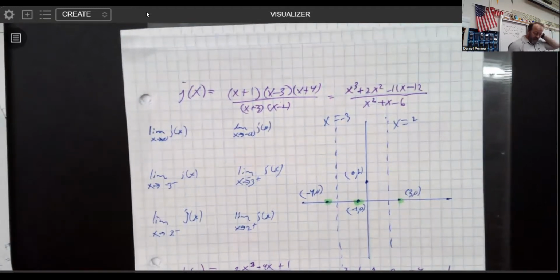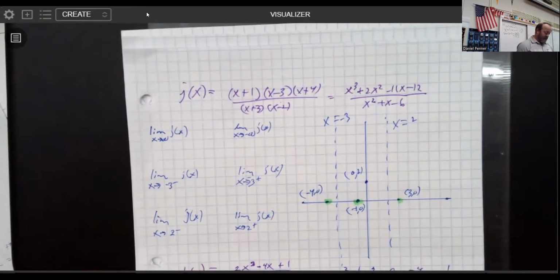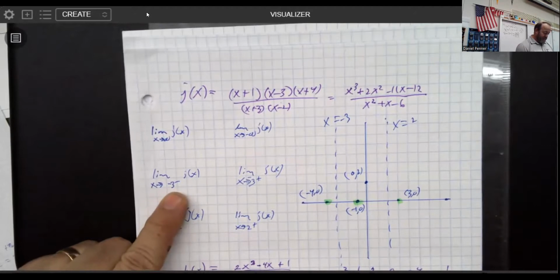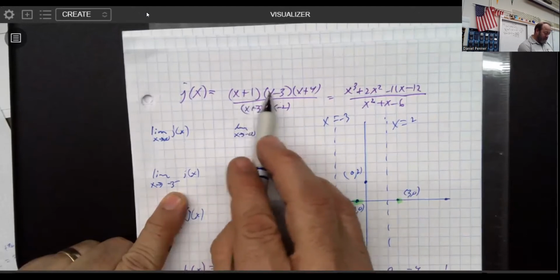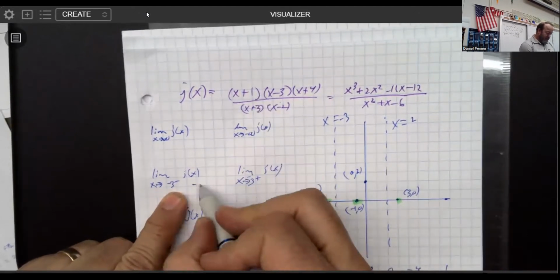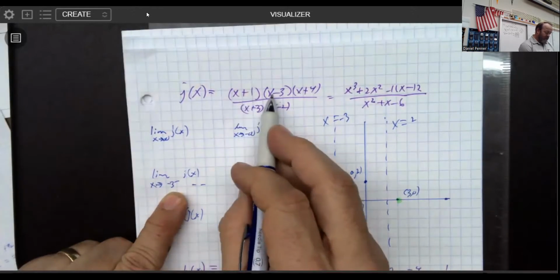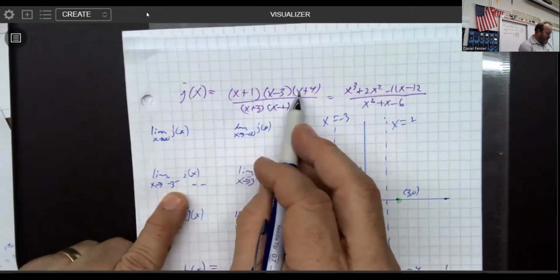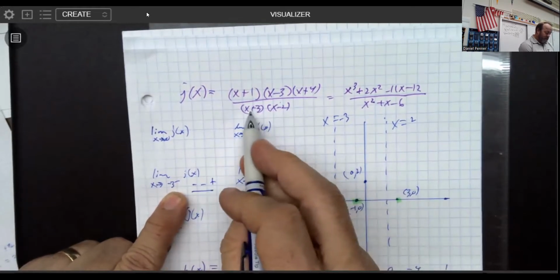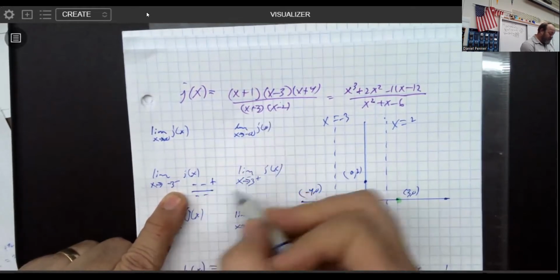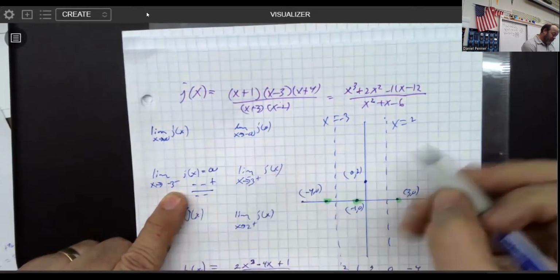So let's jump in here into the middle and get a little bit of data that we know. The first thing that I know is that if I plugged in a number to the left of negative 3, like negative 3.1, every single one of these factors would be negative except negative 3.1 plus 4, which is positive. So this thing is going to positive infinity here.